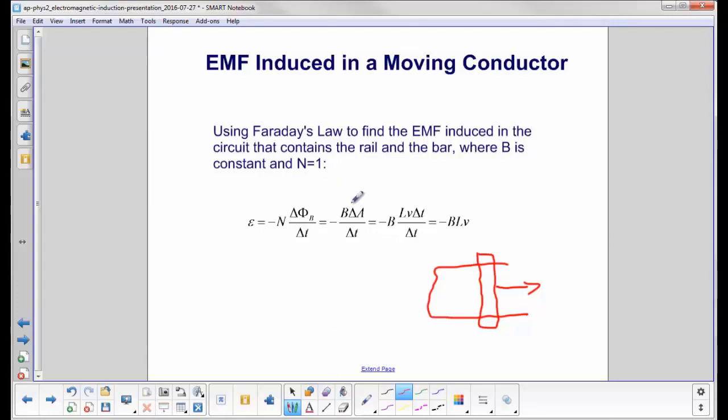B is constant, so we pull B out over here, and then we have delta A. We found that delta A was L v delta t. We cross out the delta t, and we find that the EMF is negative the strength of the magnetic field times this length of the wire times the velocity at which the bar is moving.